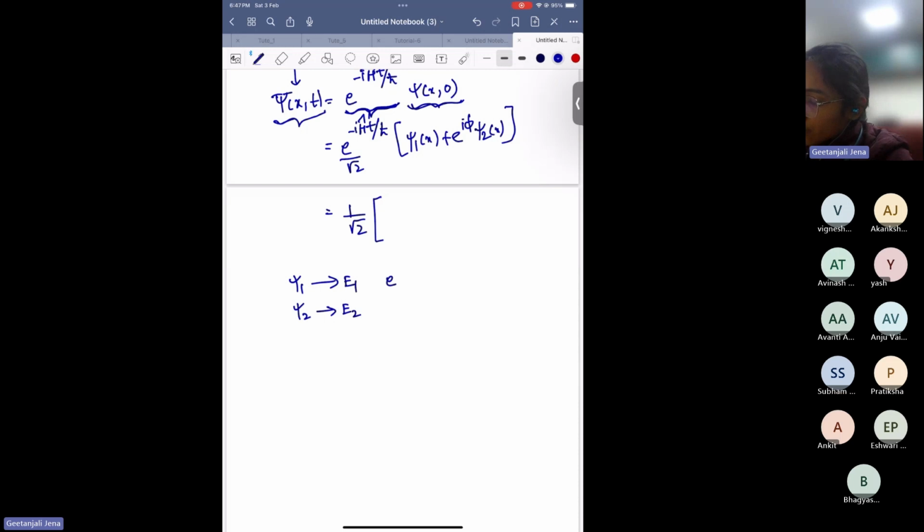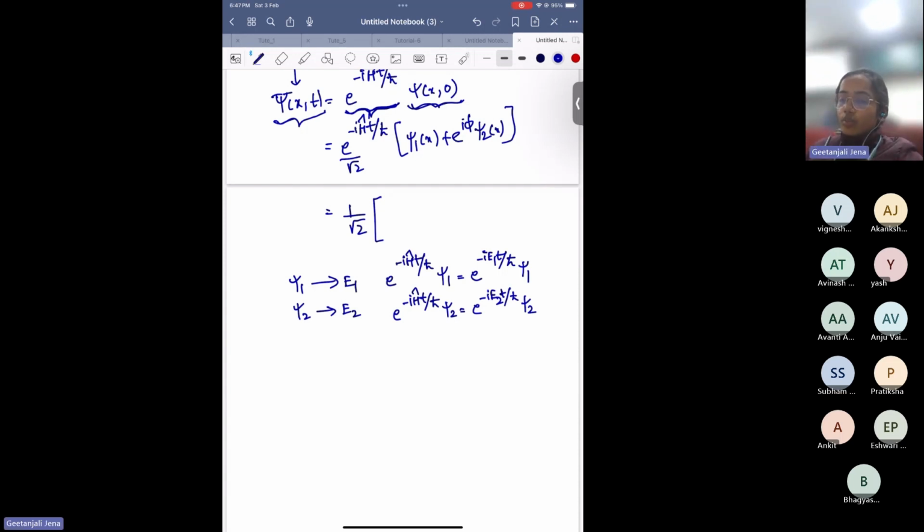When the time evolution operator e to the minus iHt by h cut acts on the wave function, it will simply give e to the minus iE1 t by h cut psi 1, and when it acts on the second state psi 2, it will give e to the minus iE2 t by h cut psi 2. So it just takes out the eigenvalue of that wave function.